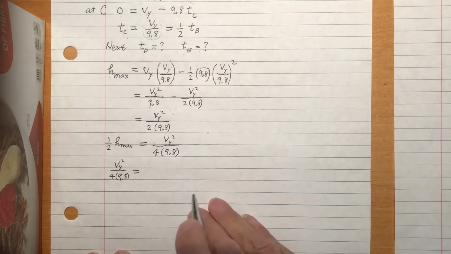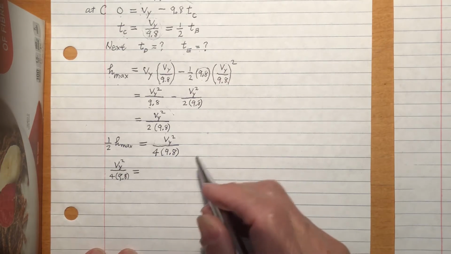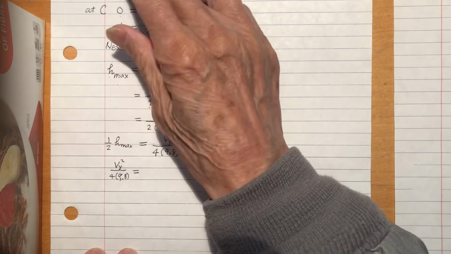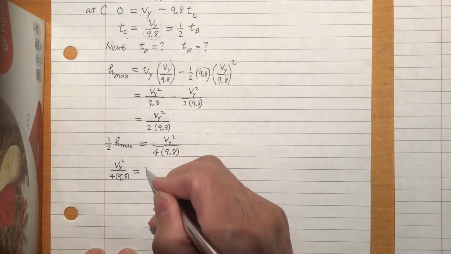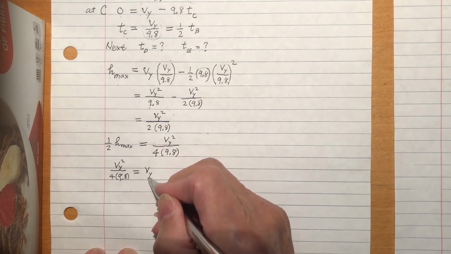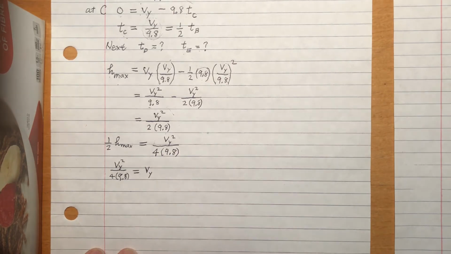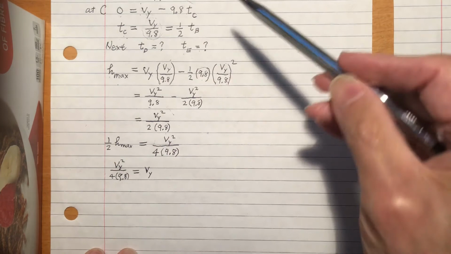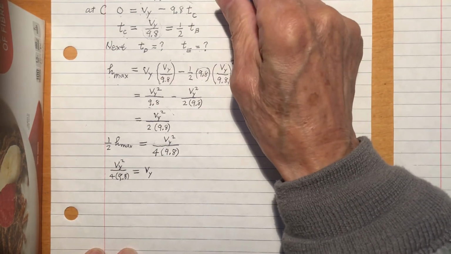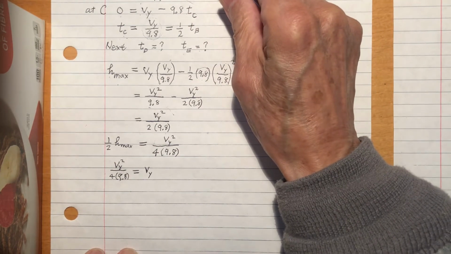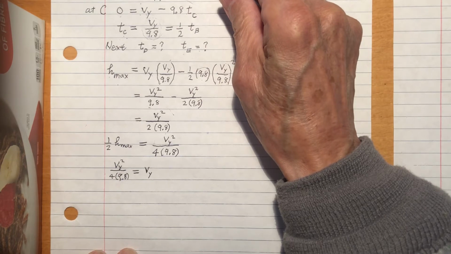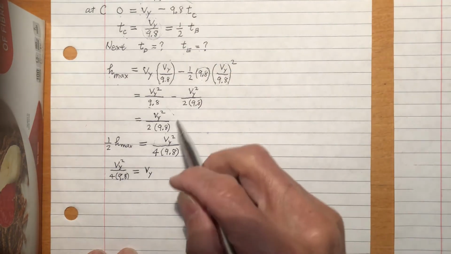Then the initial velocity is Vy, and multiply the time at my half maximum height, which I don't know. So I write TD. Oh, okay, I want to find TD.